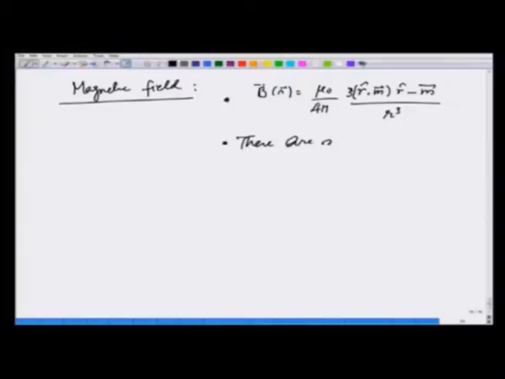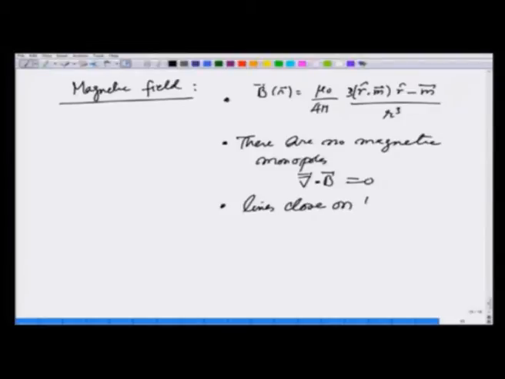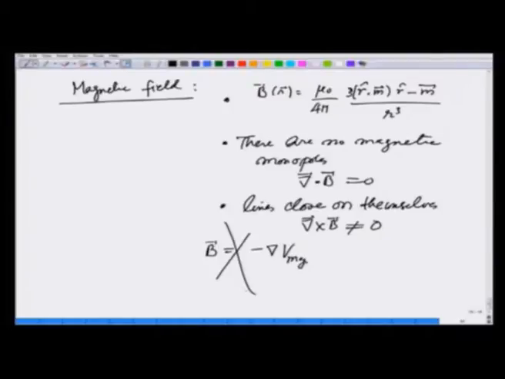There are no magnetic monopoles, and therefore, divergence of B is 0, lines close on themselves, therefore, curl of B is not equal to 0. That means, I also cannot write B as minus grad of some V magnetic. I cannot do that. All right.